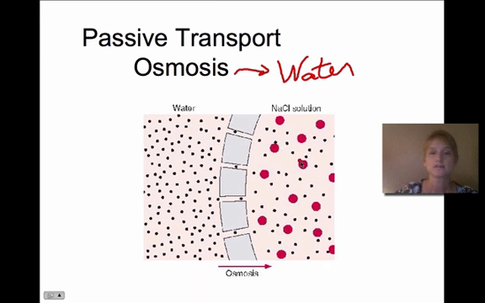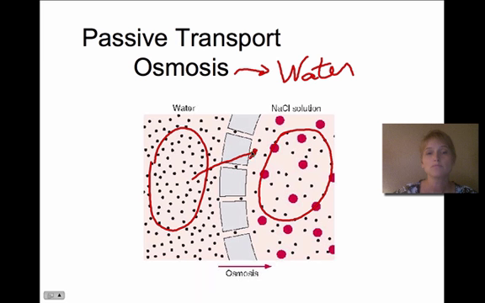What we have here is, on one side of the membrane, a salt solution. These red dots are considered the salts, and these black dots are considered water molecules. You'll notice over on this side there are no solutes, and on this side there are more solutes than there are water. So the water will move to the side that has more solute concentration.